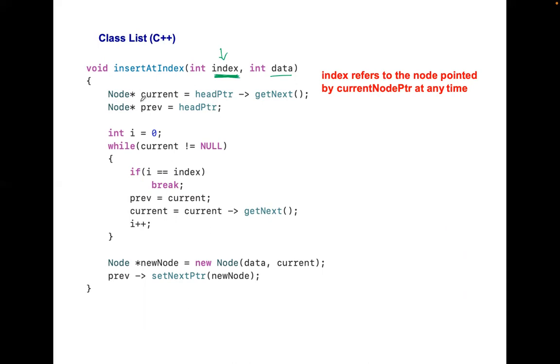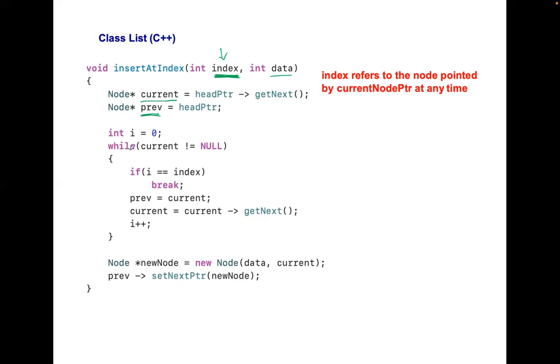Here also we are going to use the current node pointer and previous node pointer exactly the same way. Current will point to the current node that we are visiting. It will start from the next pointer of the head node. Previous will always be the previous node of the current node, meaning the node that we just visited.